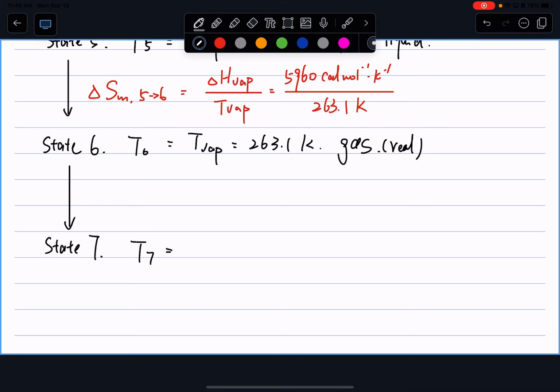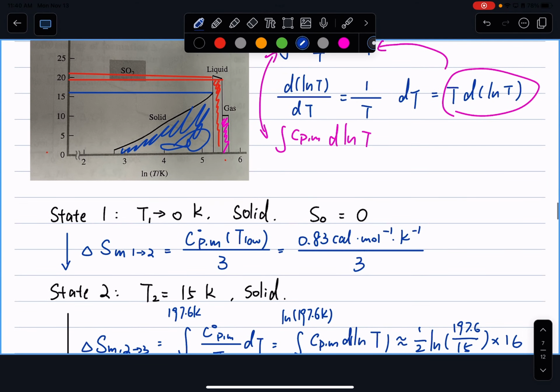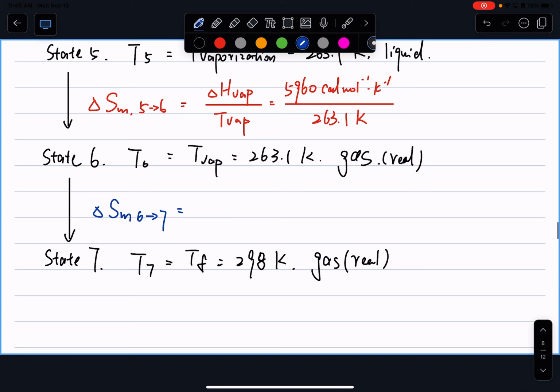So T7 equals T final equals 298 Kelvin. And we have real gas. Now the molar entropy change between 6 to 7 is roughly estimated by the area below the curve. So what do we have? That's about 10, and we're talking about that rectangle to be 10 times ln final minus initial.